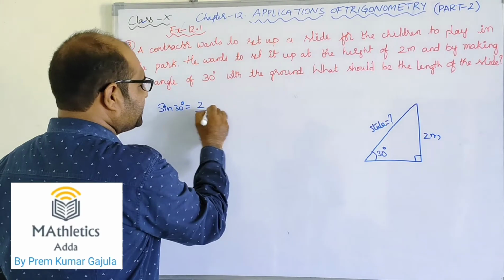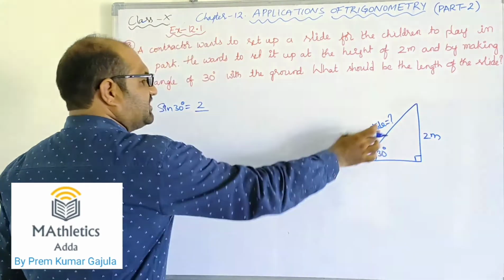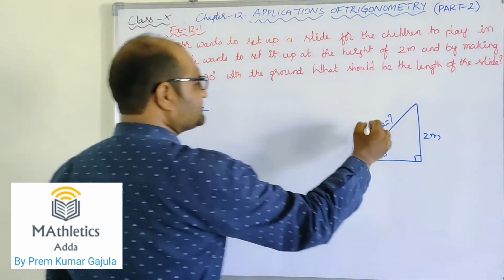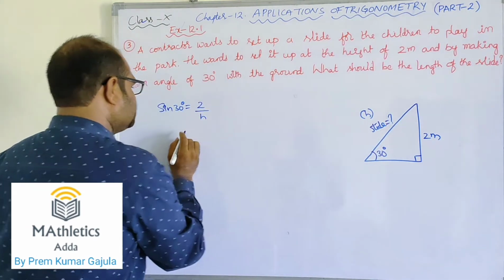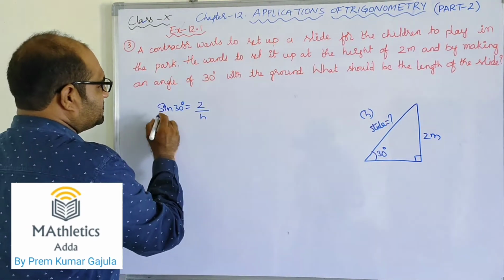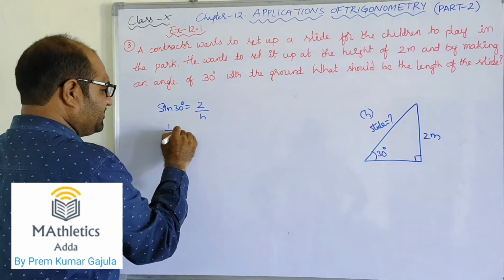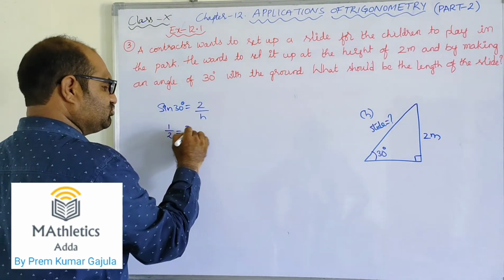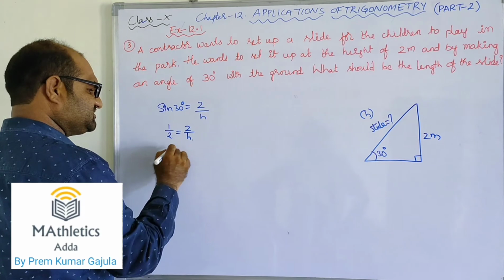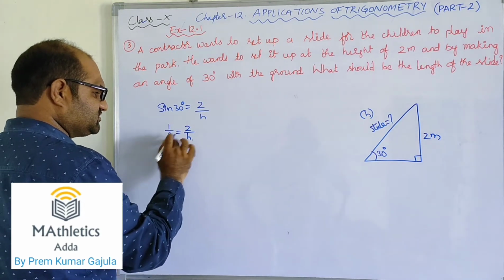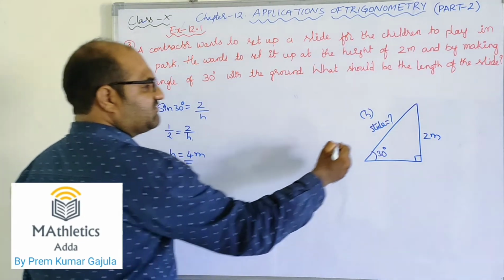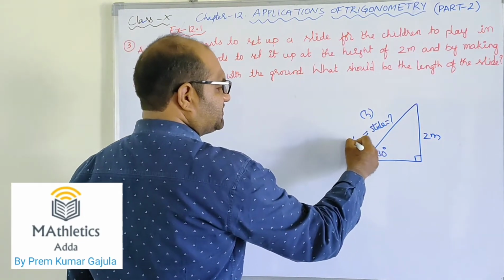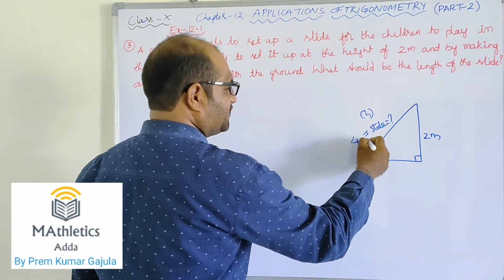So opposite is given as 2 meters and let us suppose the hypotenuse is h. Next, the sine 30 value we know is 1 by 2, that is equal to 2 by h. We want h, so cross multiply: h into 1 is h, 2 into 2 is 4. The answer is 4 meters. The required length of the slide is 4 meters.